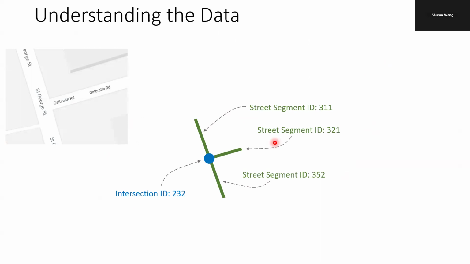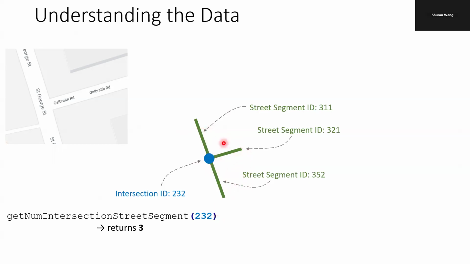So for example, what we need to do for this intersection here at St. George and Galbraith, we first call the get num intersection street segments with 232. And this will return 3 for 3 street segments connected to it.